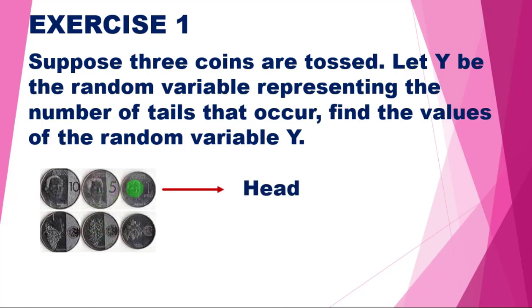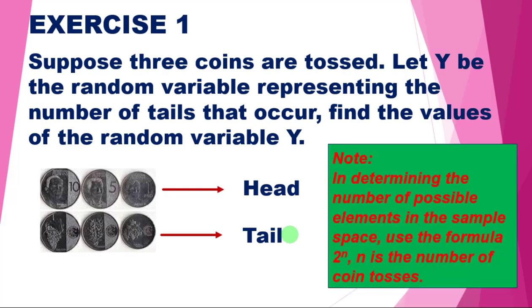And another coin, the third coin is the 1 peso coin. This is the head. And this is the tail of the 1 peso coin. So we call it head for these 3 coins here, the 10 pesos, the 5 pesos, and the 1 peso coin, and its corresponding tails.